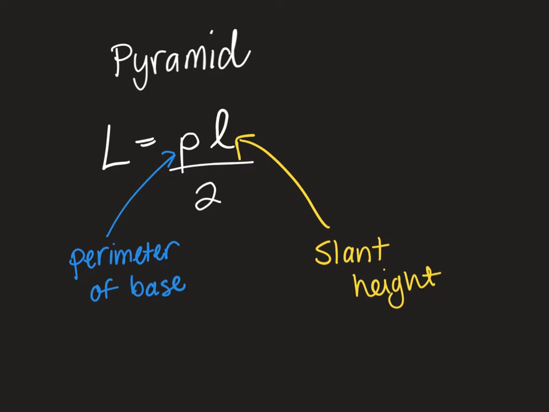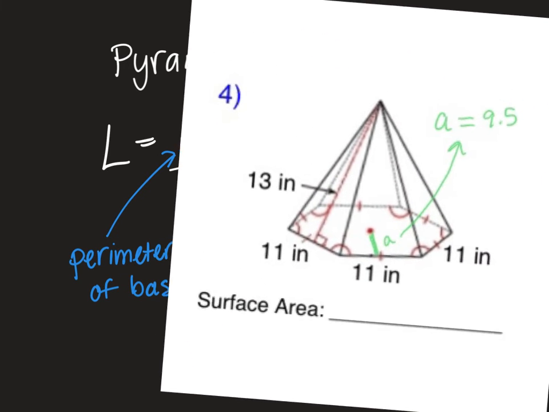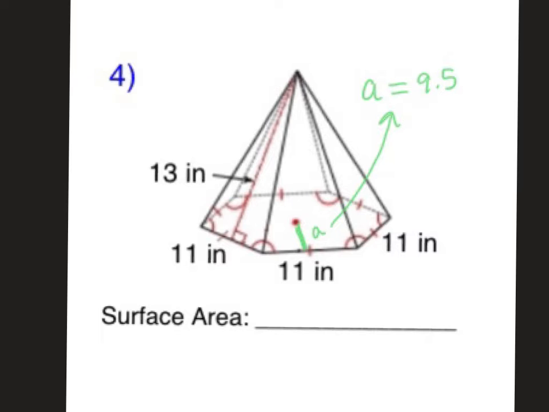So the slant height is from the vertex to one of the edges. I'm not good at drawing pyramids, so I'm just going to pull that same picture back up. In this one, I know I'm zooming this in a lot, but see how it goes from here, and it's the slanted side? That's going to be your slant height.